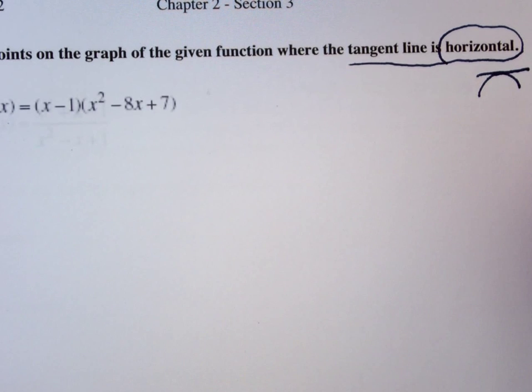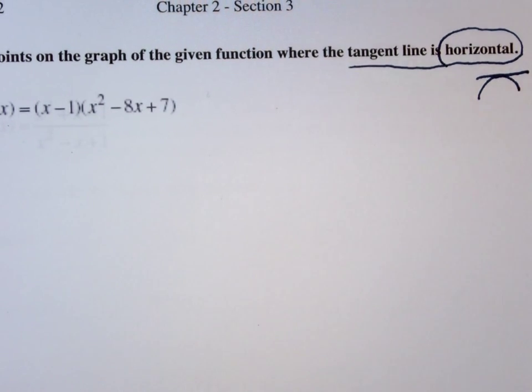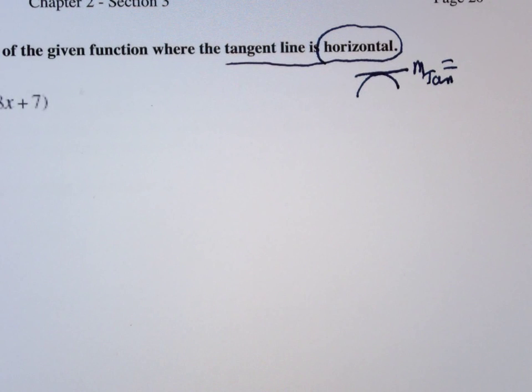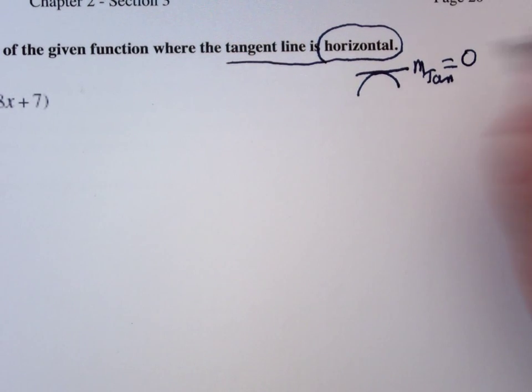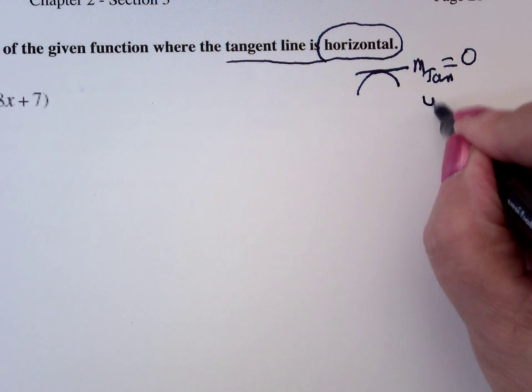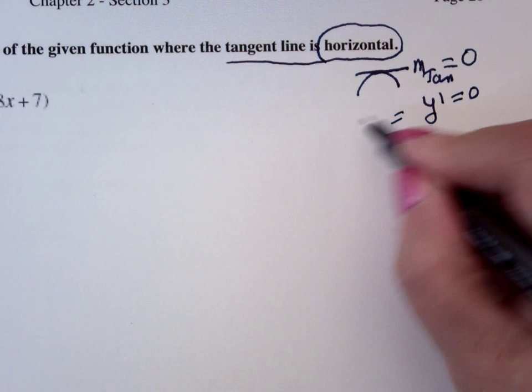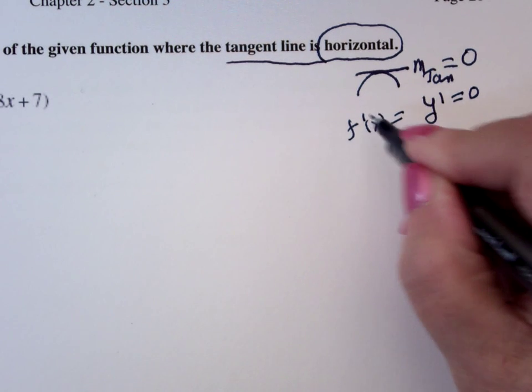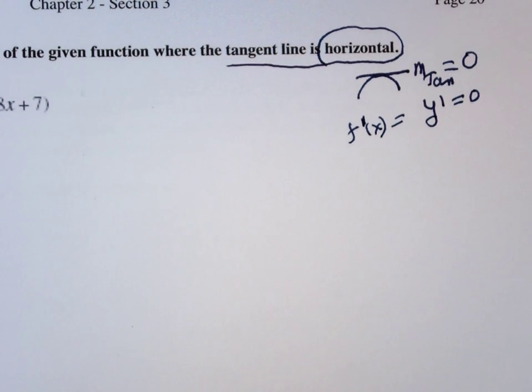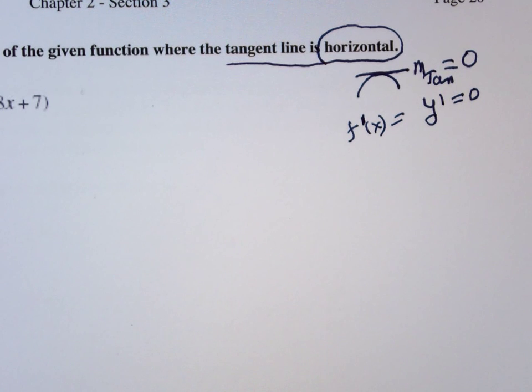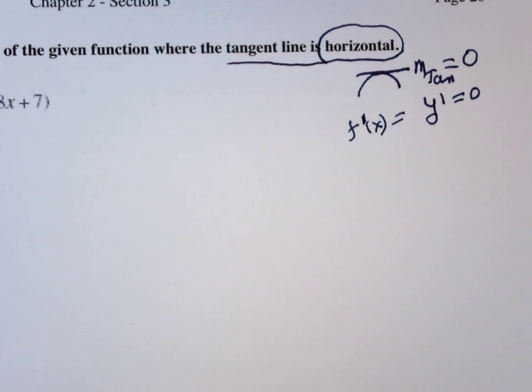That means that the slope of the tangent is what? 0. The slope of the tangent is 0. And if the slope of the tangent is 0, that means that y prime equals 0. That's also f prime. What that says is take the derivative and set it equal to 0.